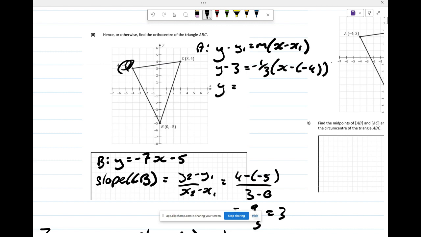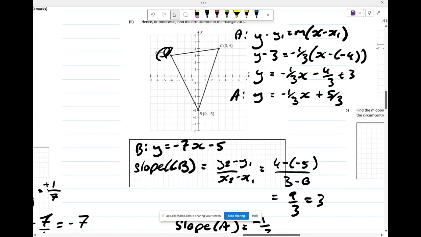So that's going to be y equals minus 1/3 x minus 4 over 3 plus 3. So that's going to be minus 1/3 x plus 5 over 3. And so this is our equation for A. And now we need to find where they intersect. That's going to be our orthocenter.